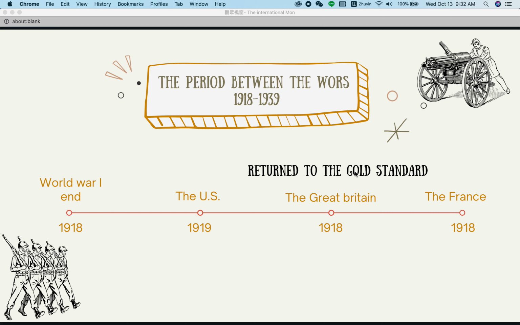The United States returns to the gold standard in 1919, and Great Britain in 1925, and France in 1928. By the start of World War II in 1939, the gold standard was ended.